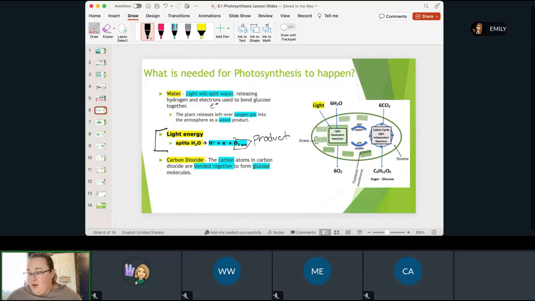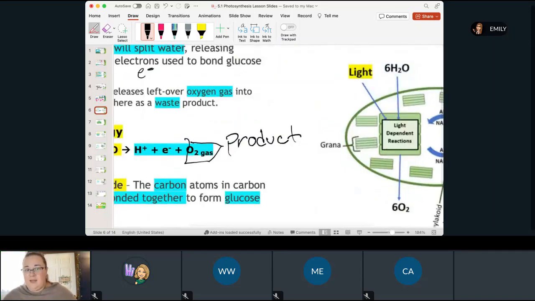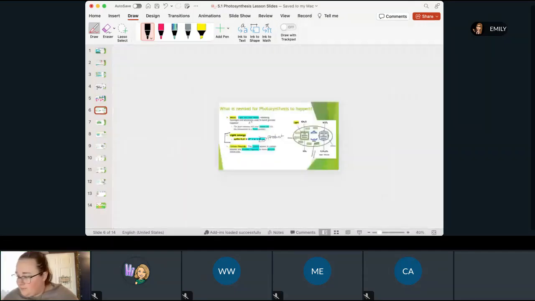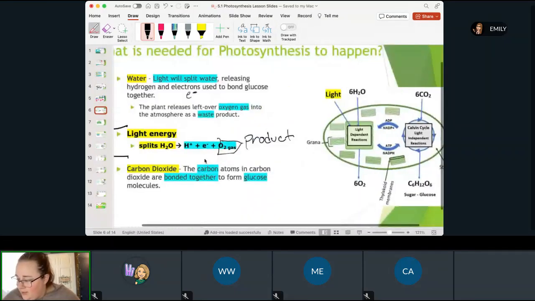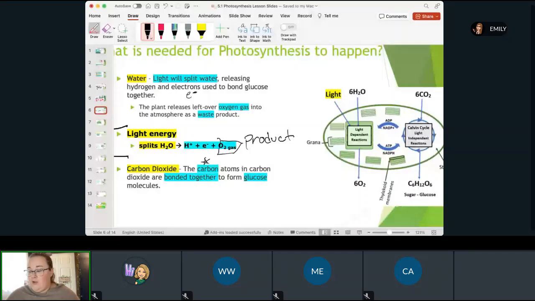The carbon for the glucose has to come from the carbon dioxide. So the carbon dioxide is going to get broken down, and we're going to use that carbon to make a glucose molecule.